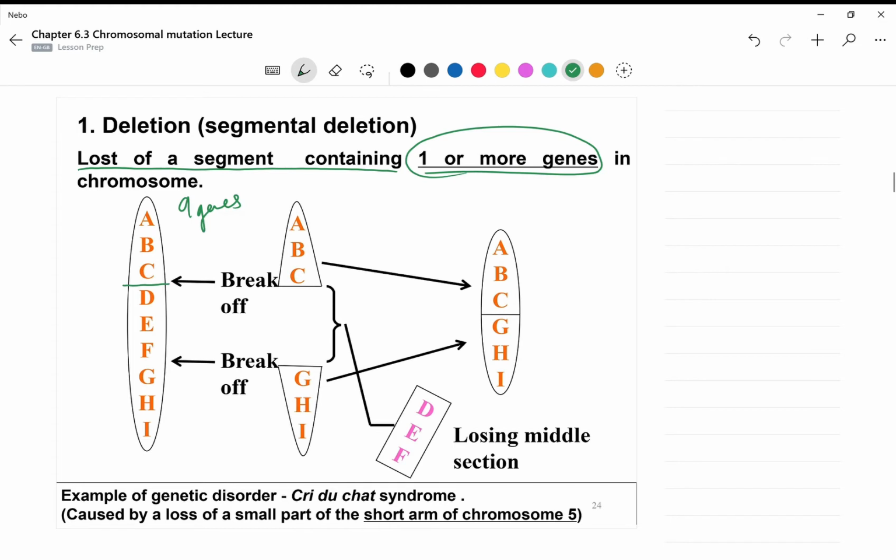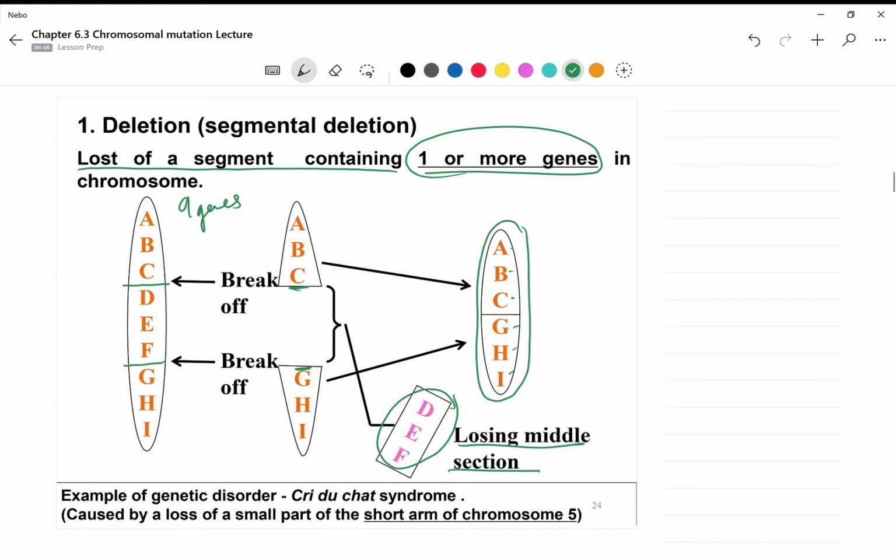The point between C and D and the point between F and G will break off, and the DEF section will be lost. The point where DEF was lost, C and G, will rejoin. So the product is now a much shorter chromosome containing only 6 genes, which are A, B, C, G, H, I.